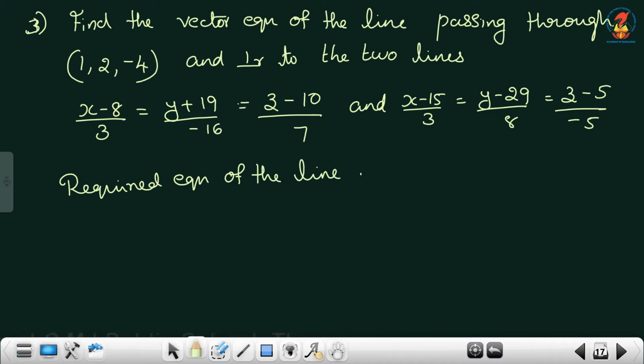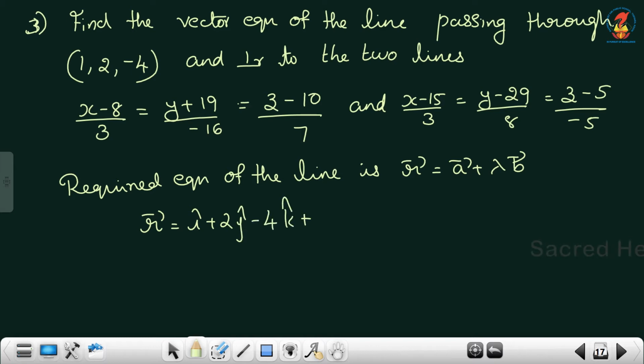Vector equation passing through a single point: A plus lambda B, that's the required form. A is given, therefore vector r is equal to i plus 2j minus 4k plus lambda B. We don't know B, we have to find it.